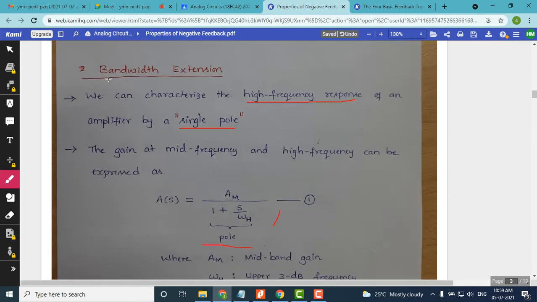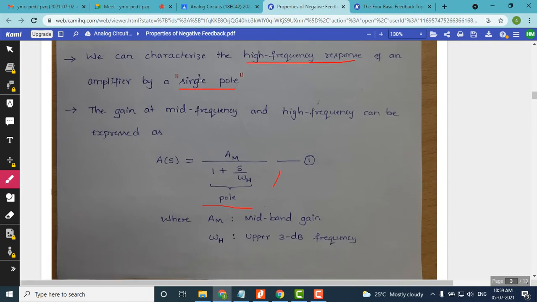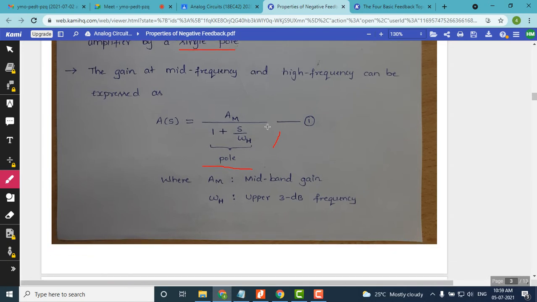We have covered even bandwidth extension also, and we modeled the entire frequency response, especially the lower band and the high frequency response, and that we have modeled as a single pole, and we said that its transfer function resembles this equation.